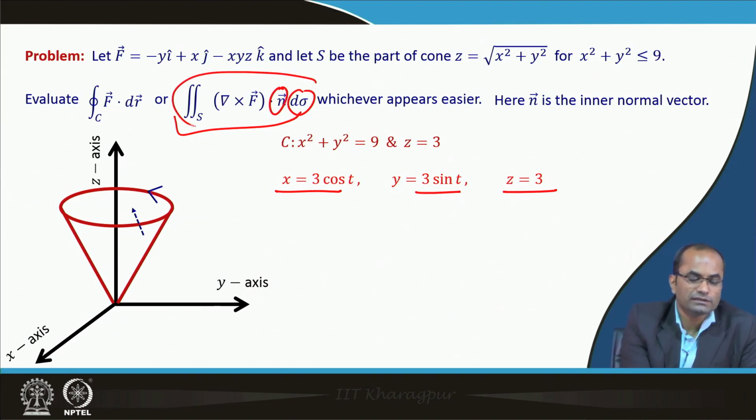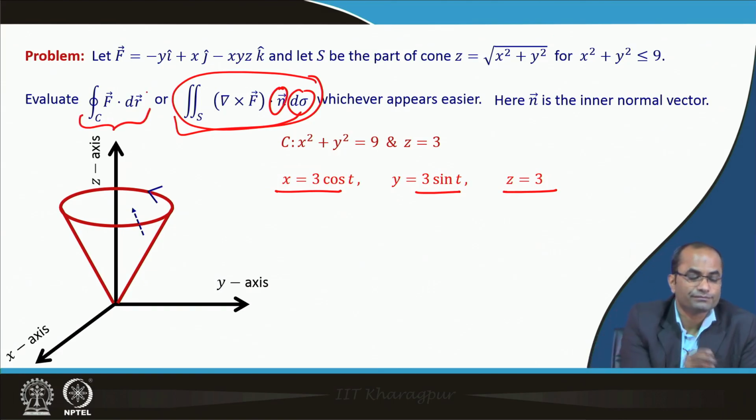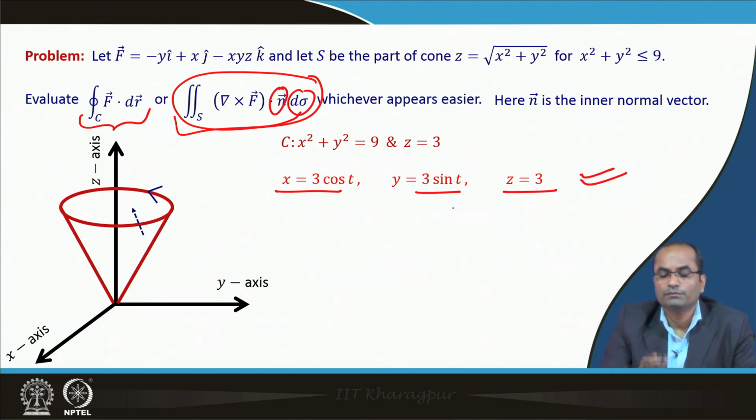So, definitely this is going to be much more complicated as compared to this curve integral. In the curve integral we have the circle, we know these parametric equations, x is 3 cos t, y is 3 sin t and z is 3. So, we can easily compute this curve integral, and the surface integral seems to be difficult.